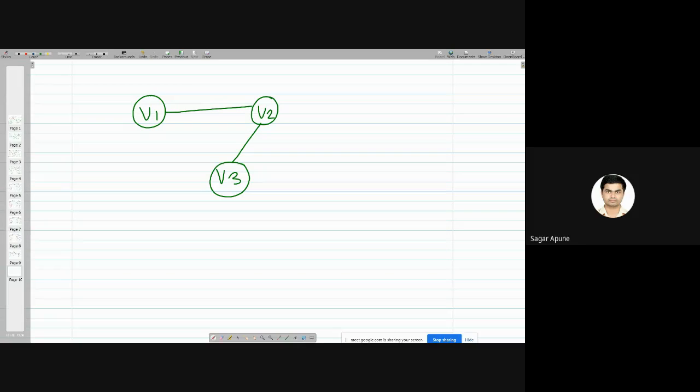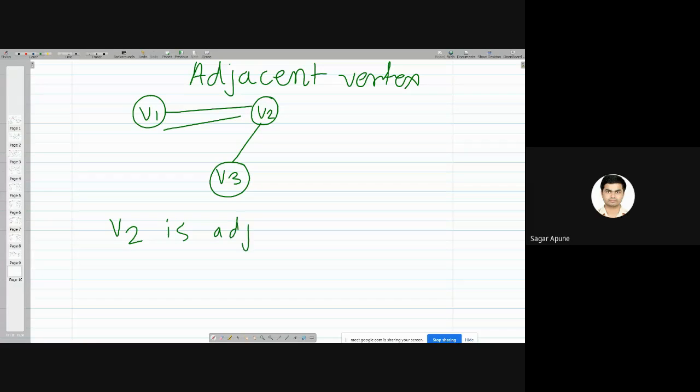What is the meaning of adjacent vertex? If an edge exists between two vertices, then these two vertices are adjacent. Right? V1 to V2 connection is there, so we can call that V2 is adjacent to V1.